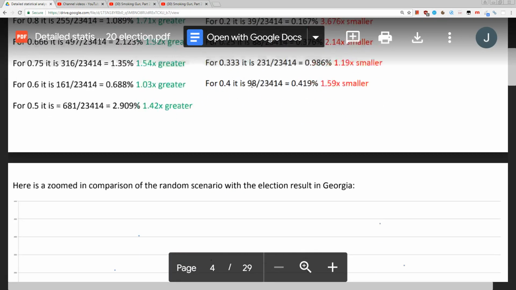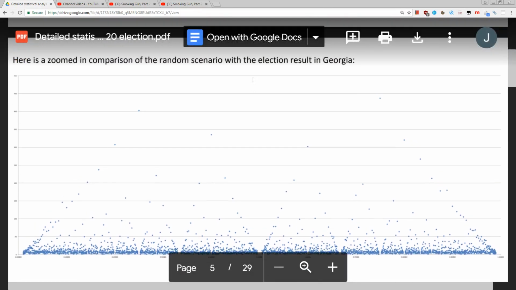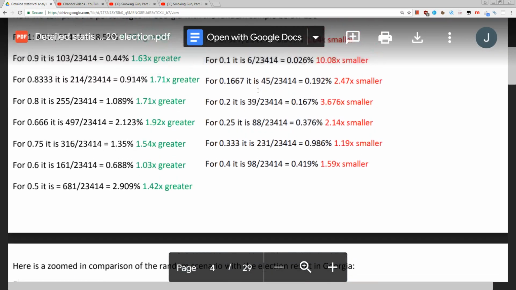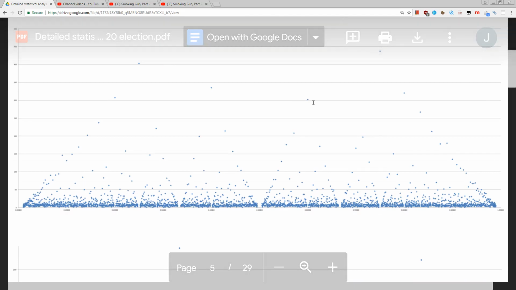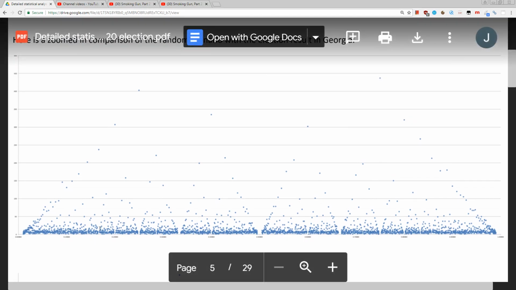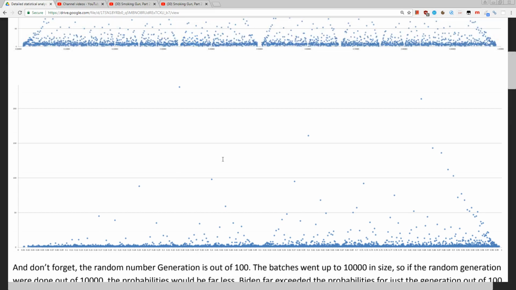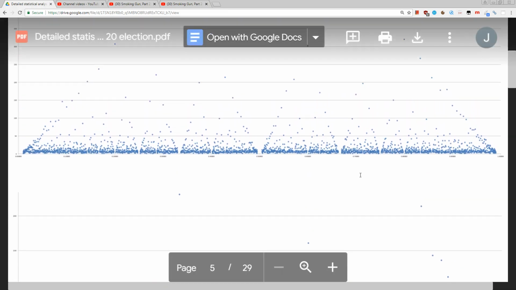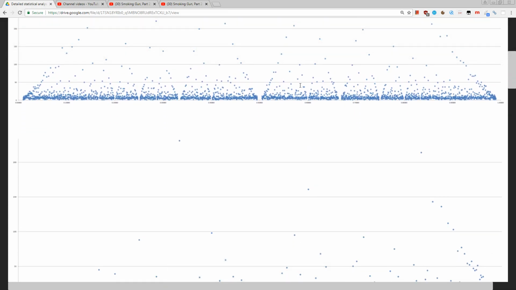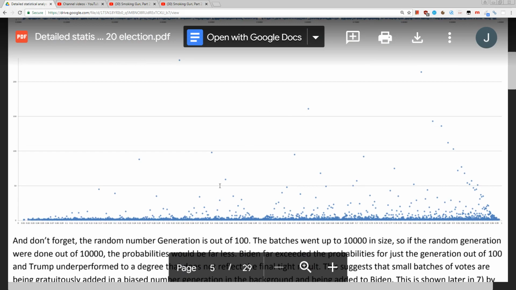So when you compare the random scenario to the reality, it looks like a random number generation has been run in the background, because really it should not be that high, because you're taking a random number below 10,000, but somehow it looks like a random number generation below 100 has been run on one side for Biden, and obviously not for Trump.